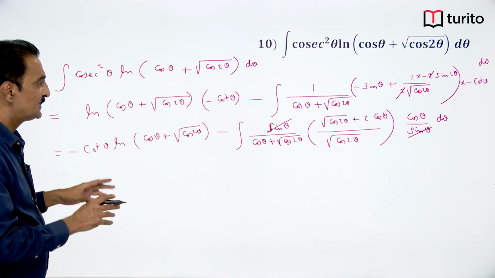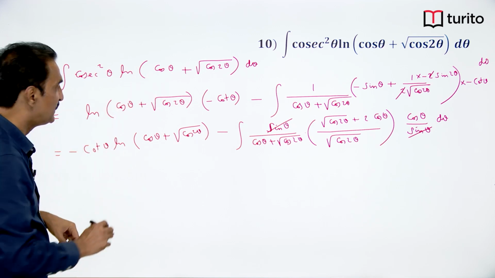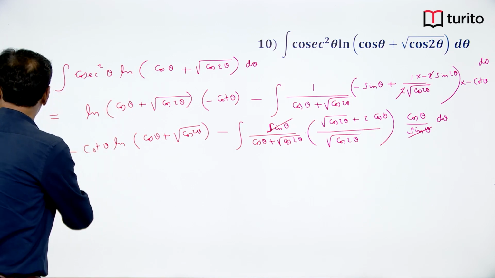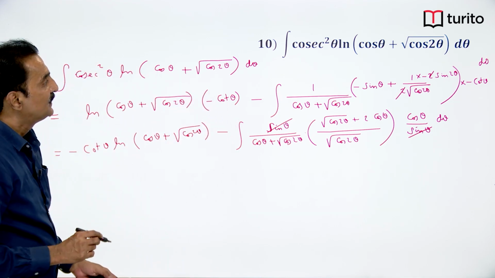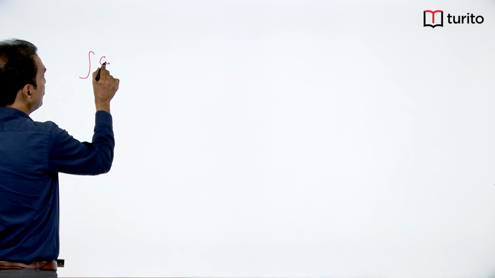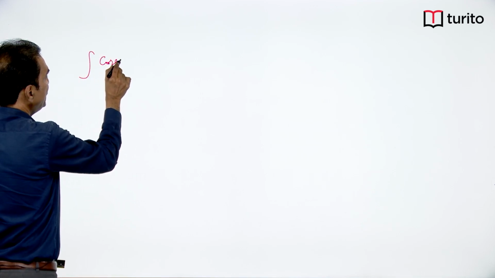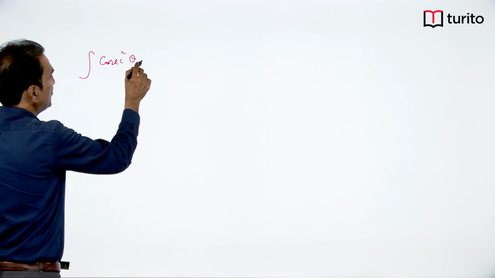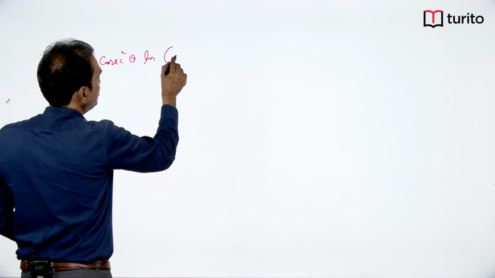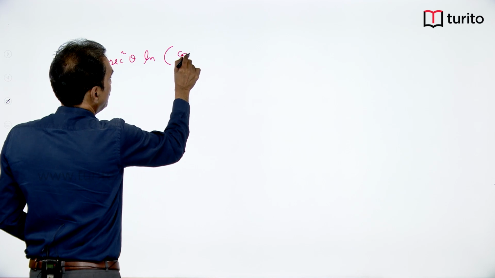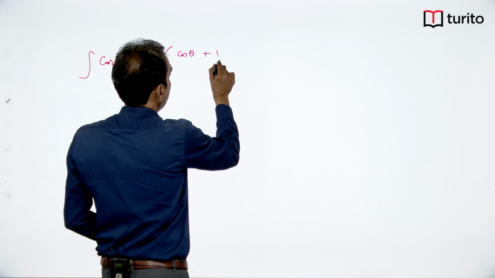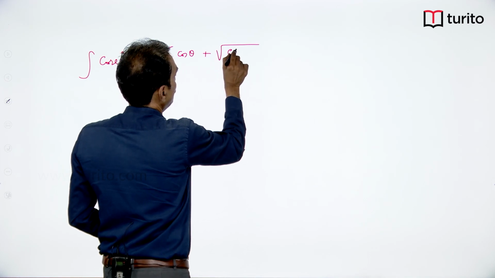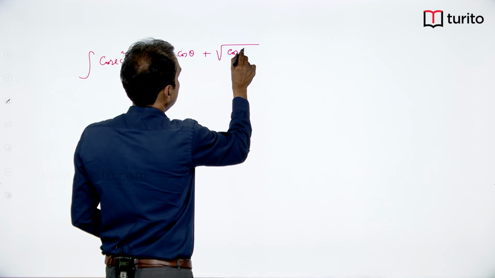Okay, let us solve in another method, then we will be able to identify the error if there is an error. Integral cosecant square theta into ln of cos theta plus root over cos 2 theta.